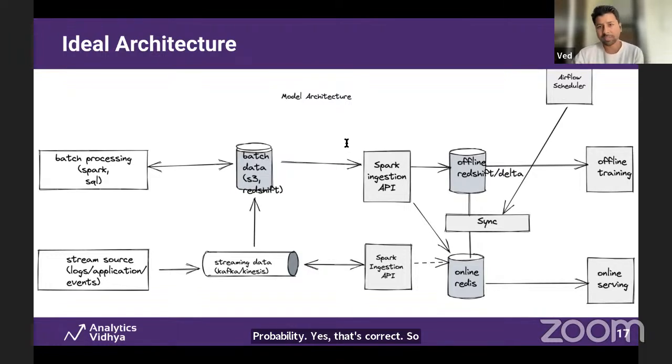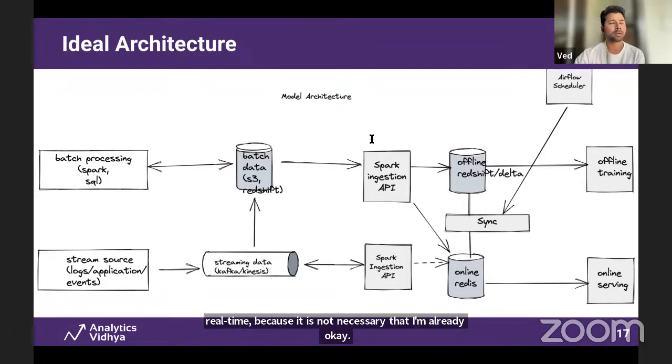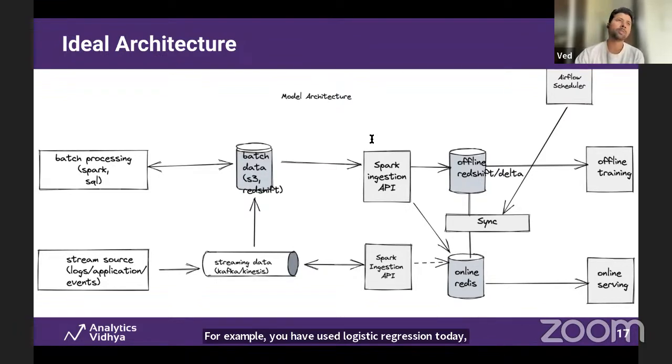So model selection can also happen in real time, because it is not necessary that the model you have chosen today, for example logistic regression, will still be the best 2 months down the line. It is not correct to say that only logistic regression would work better. The model works best on your data today. It might happen that tomorrow a different model can work better on your data. So it basically depends on the data, and you would have to try it out.